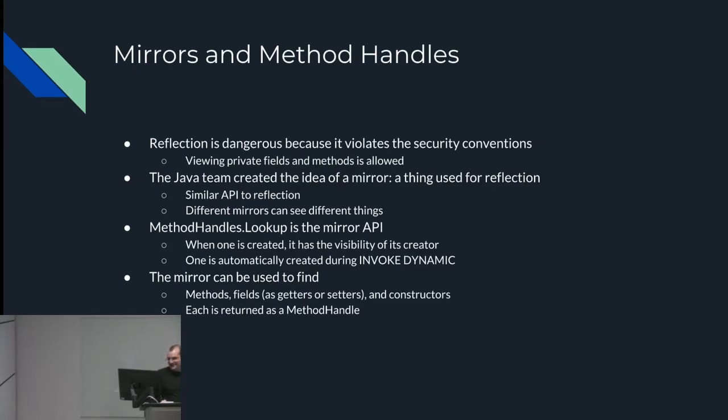The thing about mirrors is there is one reflection API that everyone uses. With mirrors, you create multiple instances, and each mirror can see different things. So if I create a mirror in a class, I can see my private fields, but if you create a mirror in your class, you can't see my private fields. They're not part of your mirror. They're not in the reflection.